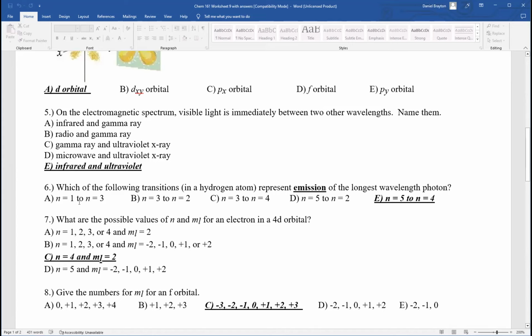So 1 to 3 would be going up. That would be absorption. We're looking for going down. Right. The longest wavelength, think of the different wavelengths that we saw on the spectrum.